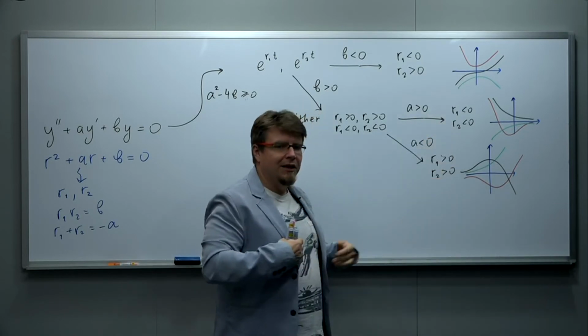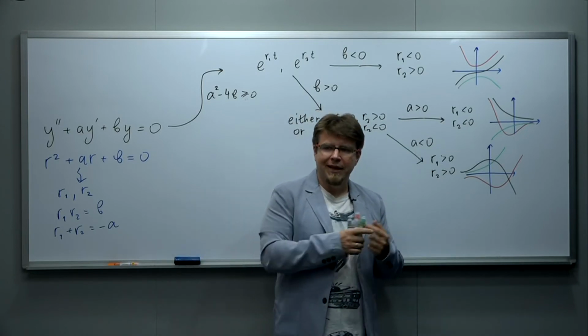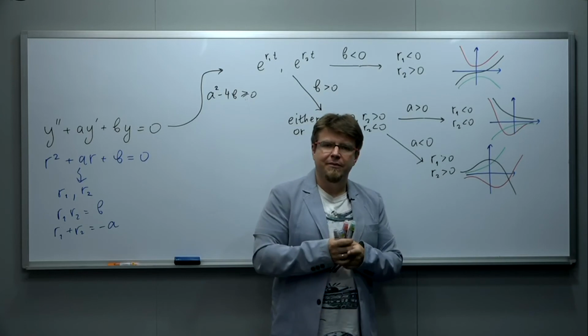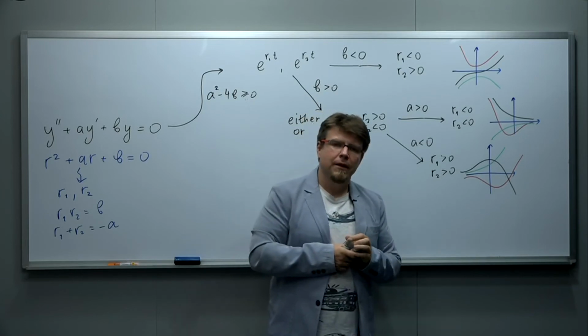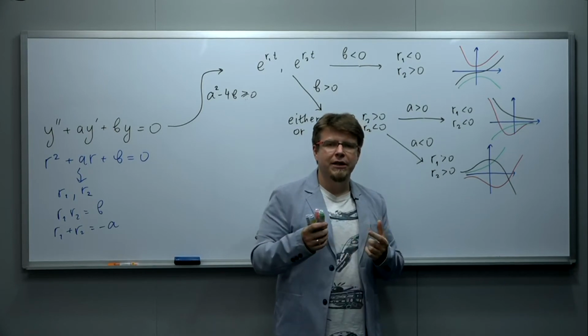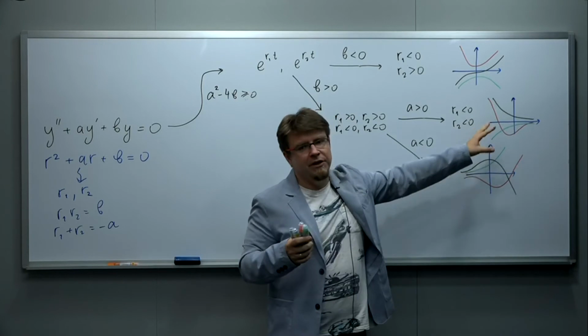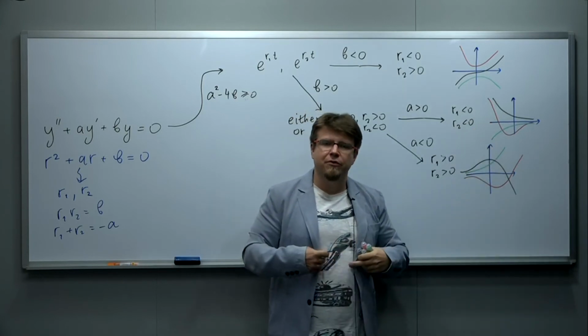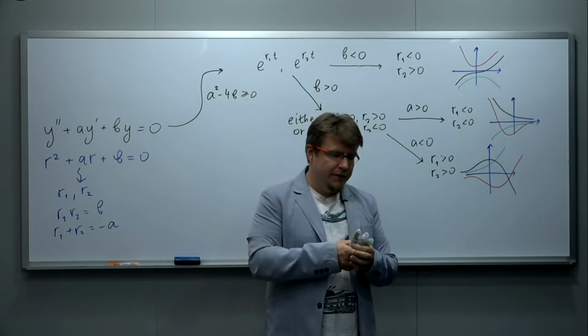It's just that if R1 equals R2, there will be a slightly different solution. It's going to be a combination of e to the Rt and t times e to the Rt. But the general picture is very similar. You can't really tell from the plot whether the roots are repeated or not.